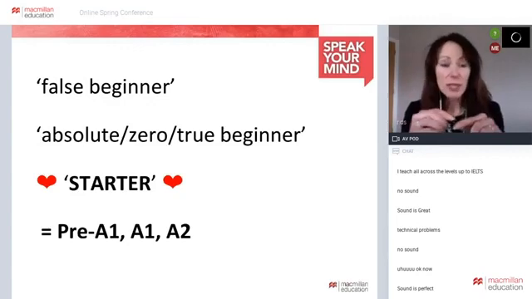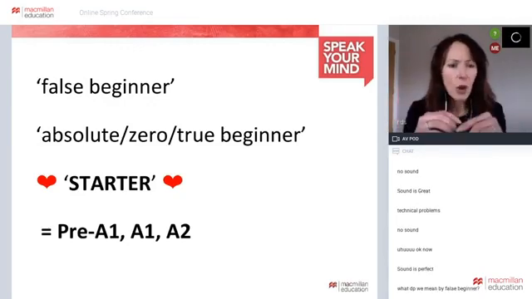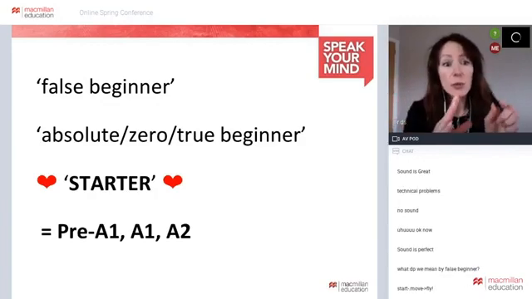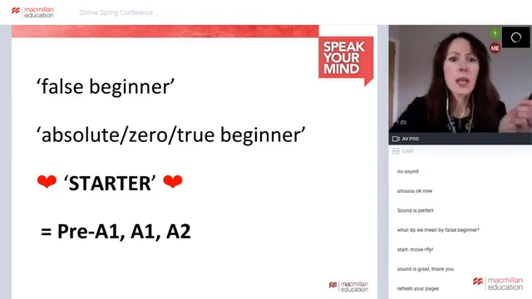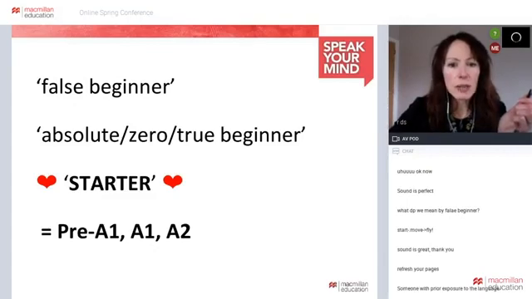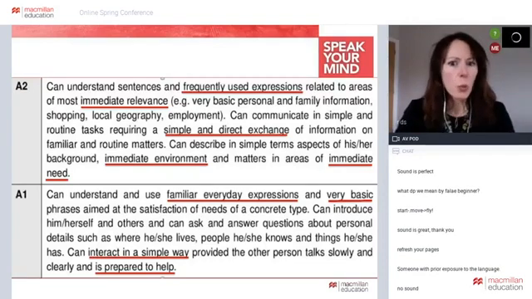And Chia's already mentioned how we define lower levels. For the sake of this webinar, we're going to define it as pre-A1, A1 to A2, and any age group within that. So let me show you, I think you're all no doubt aware of the CEF framework and those descriptors for different levels. Here we've got the descriptors for A2 and A1, which I hope you'll be able to read there.